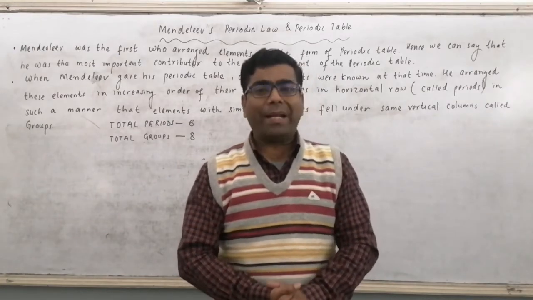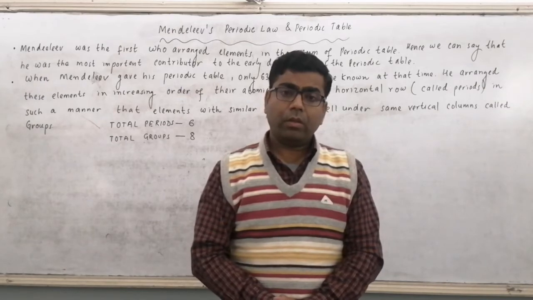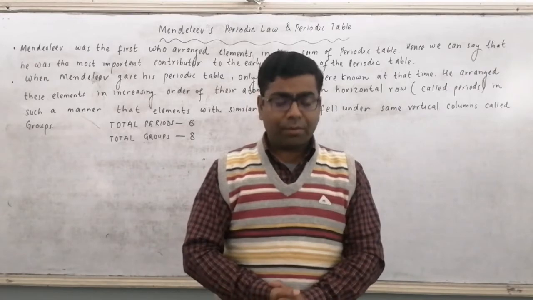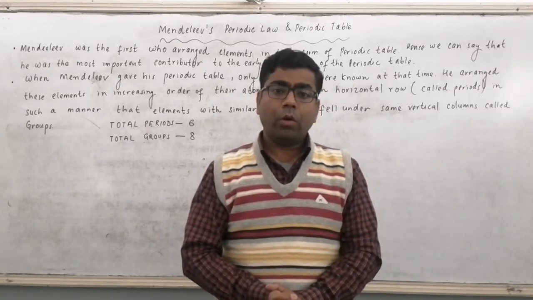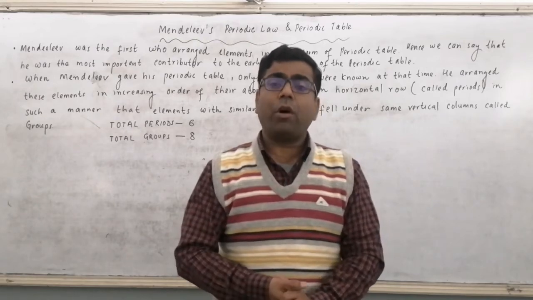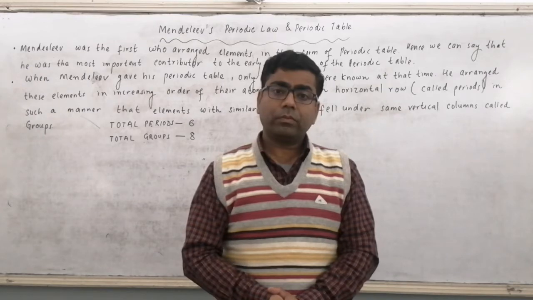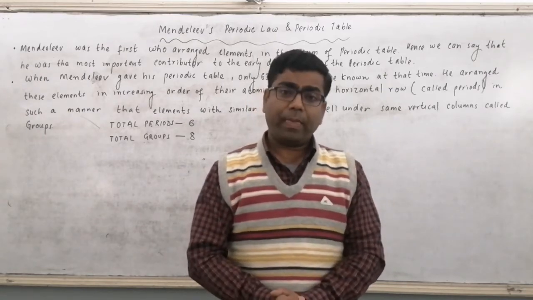Then came the turn of Mendeleev, a Russian chemist. He was the first scientist who has classified the elements in the form of periodic table. The idea of periodic table was given by Mendeleev.